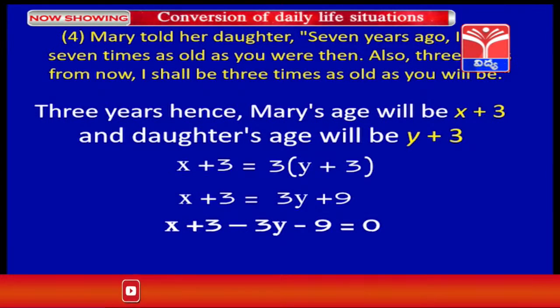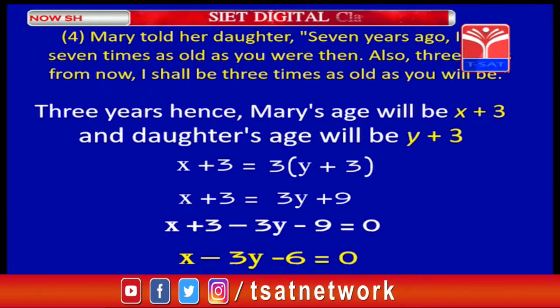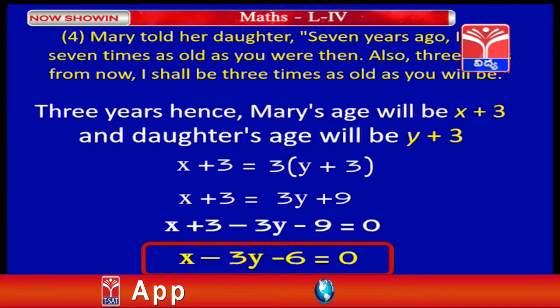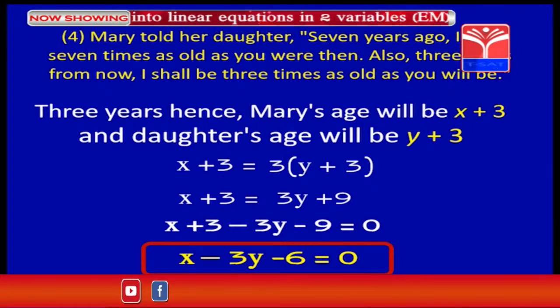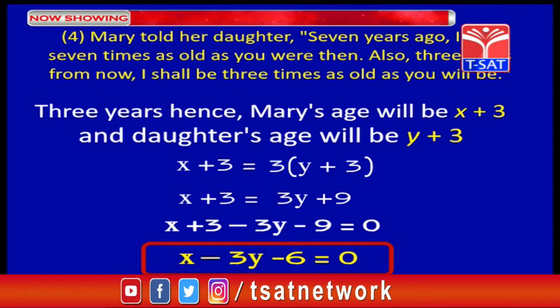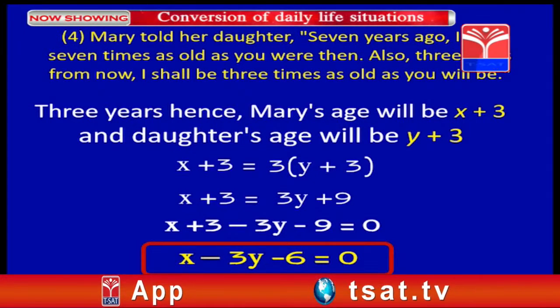In this, 3 minus 9 is equal to minus 6. Therefore, finally we will get X minus 3Y minus 6 is equal to 0. It is the second equation in linear equations in 2 variables. These 2 are the suitable linear equations in 2 variables for this question.